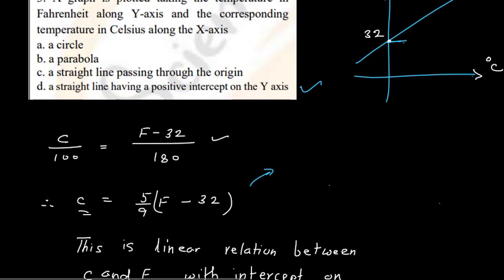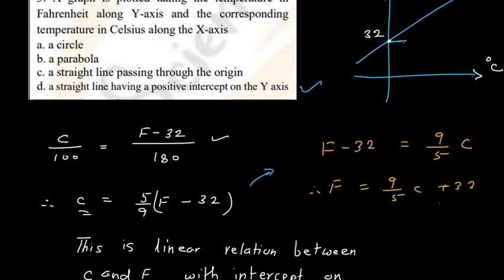To do that, you interchange this relation. You can say that F minus 32 is equal to 9 upon 5 times C. So therefore your F will become 9 upon 5 times C plus 32.